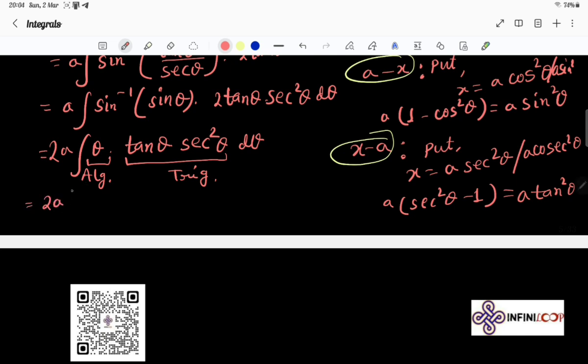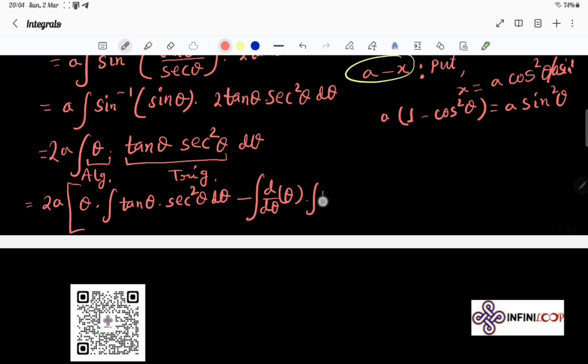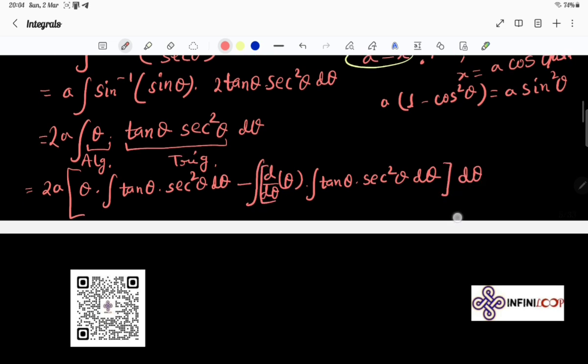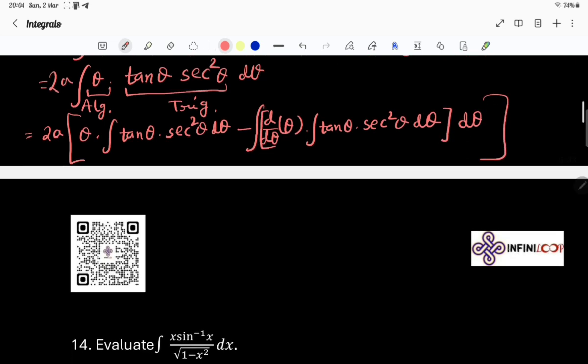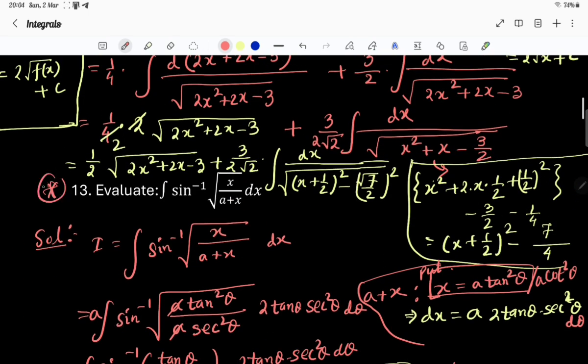So theta is the first function and tan theta into sec square theta d theta is the second function, minus integration of, big integration, the derivative of the first function into the integration of the second function, which is tan theta into sec square theta d theta. And outside that, d theta is for the outer integration. So this is the by parts. Now you have to apply it. This question is very important, students, please practice at home.